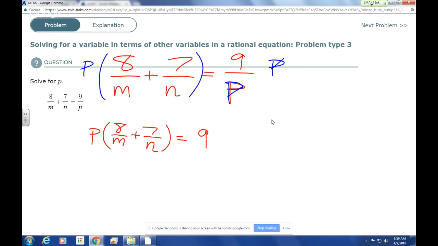Yeah, we got to divide. What are we dividing by? Yeah, that whole brick. This whole brick right here, we're going to divide by. Okay, so I'm going to say divide by 8m plus 7n to both sides.